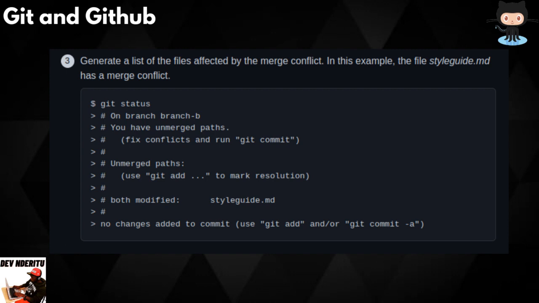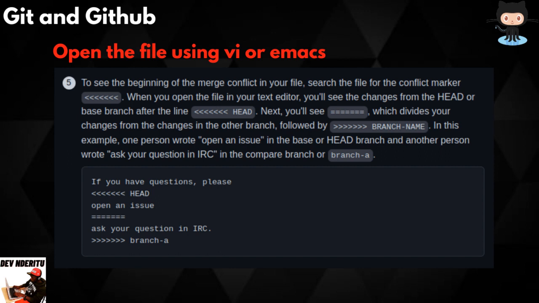Then open the file using vi or emacs. In this case, you're just going to stick to the terminal, and I like using vi. When you open that file, you'll see those less-than and greater-than symbols, then HEAD, then the equals signs. So what you'll do is erase them.